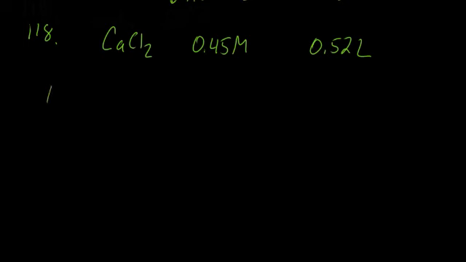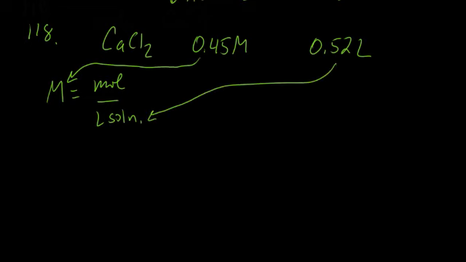So again, molarity equals moles per liter of solution. Okay, so we have molarity, we have the volume, we solve for moles. Remember, molarity is moles per liter. We're going to be solving for moles.